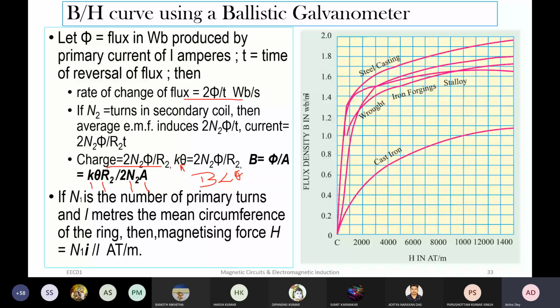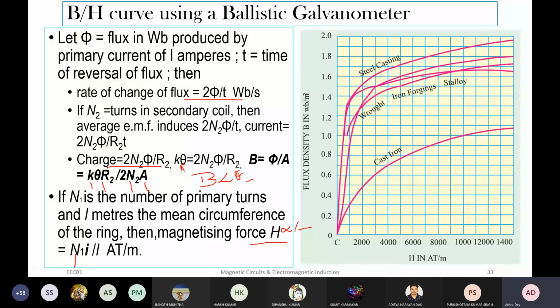And if N1 is the number of primary turns, then N1 i by L, where L is the length of the mean circumference of the ring, that means the toroid, the magnetic circuit, will give you the magnetizing force H. N1 is constant, toroid length is constant, therefore H is proportional to I. So if you record I and the deflection, you can easily get a BH curve, provided you know all these values: cross section area, N2, R2 and so on.